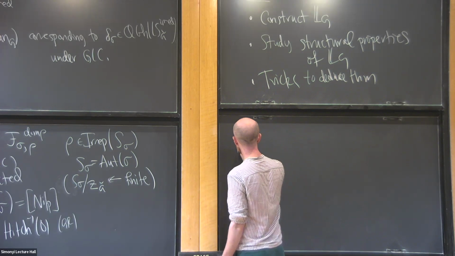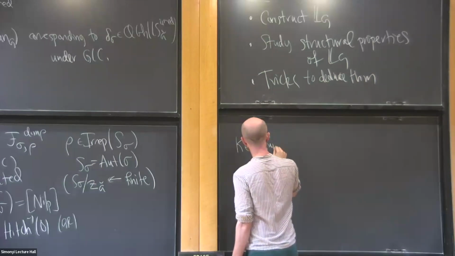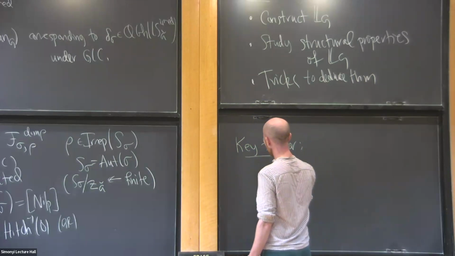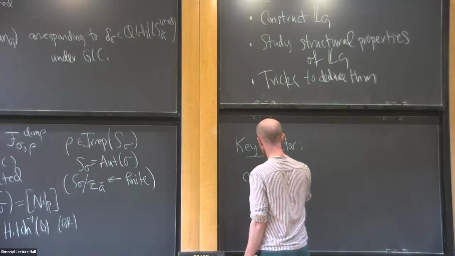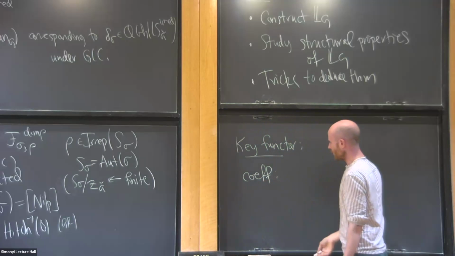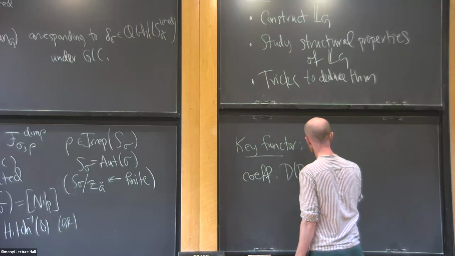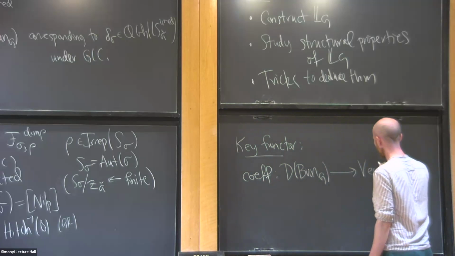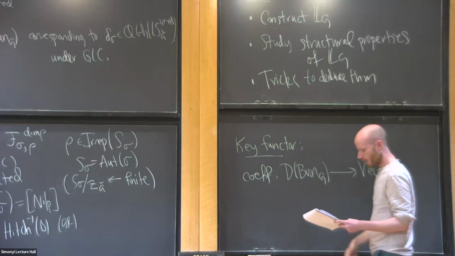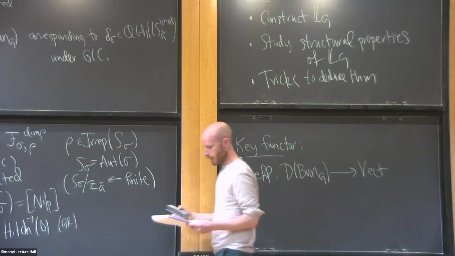There's a certain key functor, which is called the functor of first or zeroth Whittaker coefficient. It goes from this category of D modules on Bun G to the category of vector spaces.